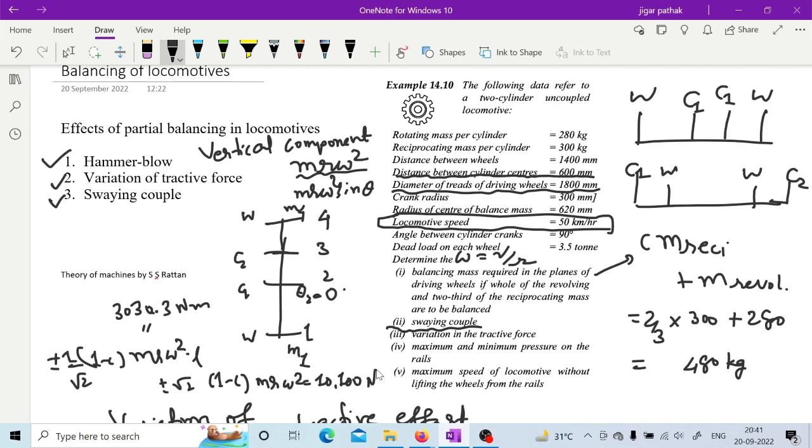So now in case of these two questions, we can elaborate on this. See here, maximum and minimum pressure on the rail can be calculated with hammer blow.